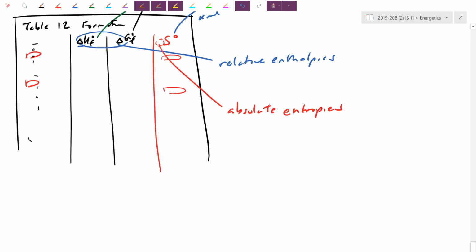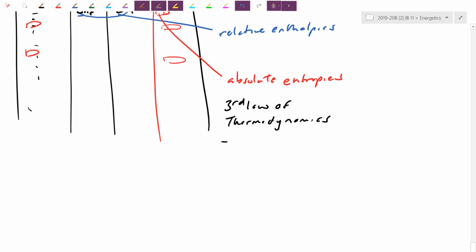Here we're going to get to another law of thermodynamics. So far we've done the first law of thermodynamics, which was energy conservation. Let's switch over to the third law of thermodynamics. Seems like a waste to just do a law on entropy, but it's okay. In science, whenever we have something that's proven as a law, it's been tested time and time again.